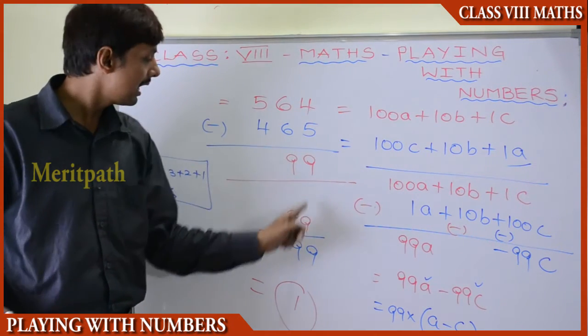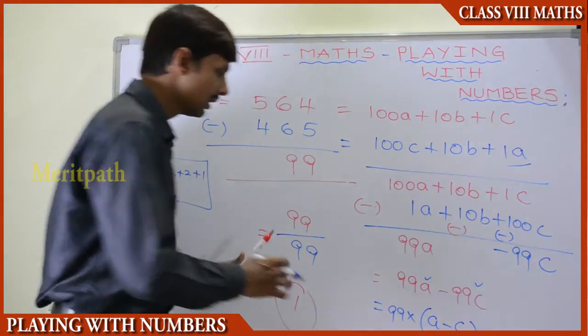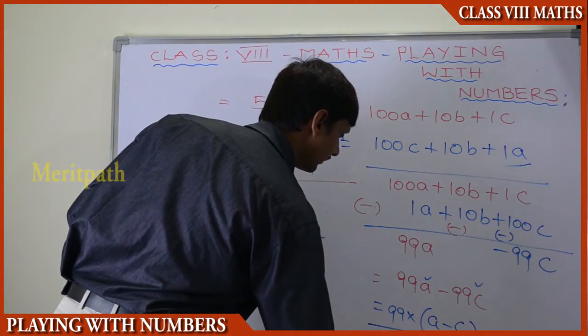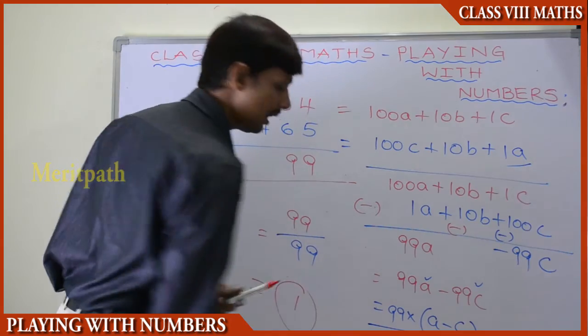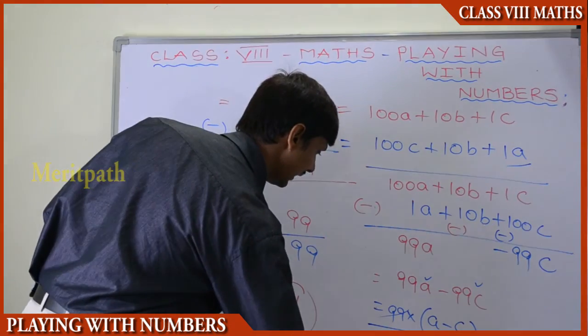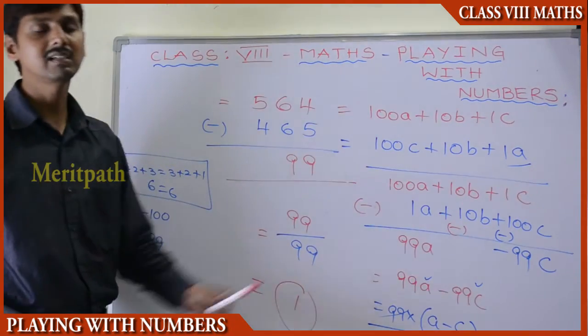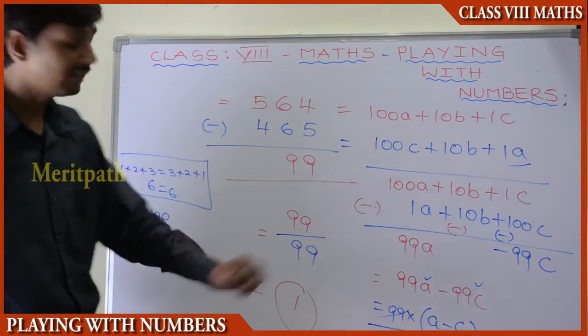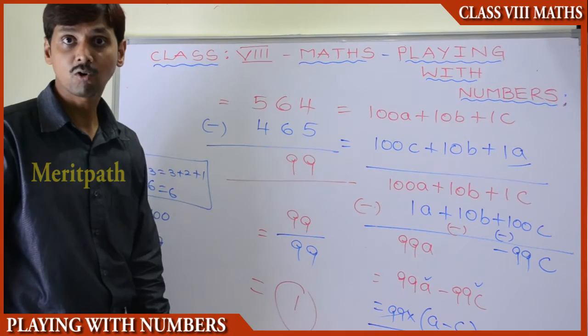We got a result and divided it by 99. So let's divide by 99. After division, the 99 gets cancelled, and we get A minus C. So A minus C is a whole number. It doesn't have any remainder.